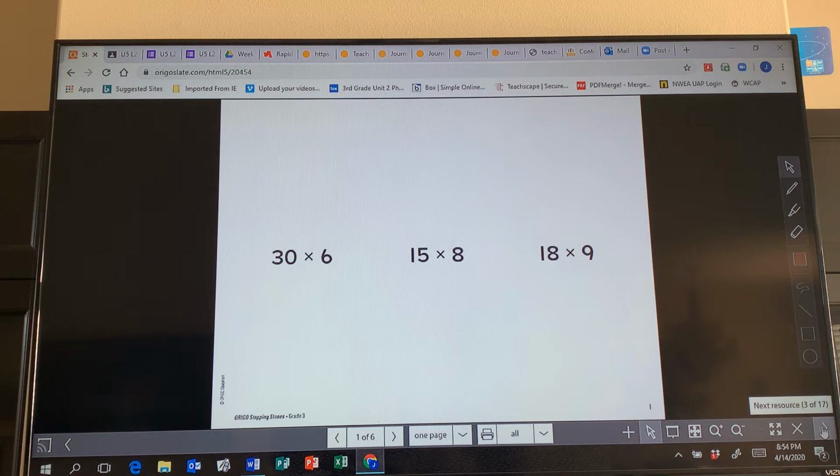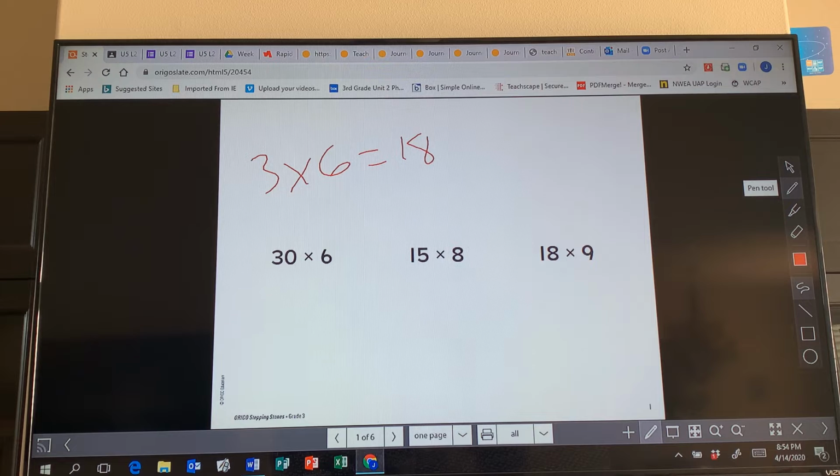One of the ways I would go about it is I could remember that I know the basic fact of 3 times 6. All right, so I know 3 times 6 equals 18, correct?